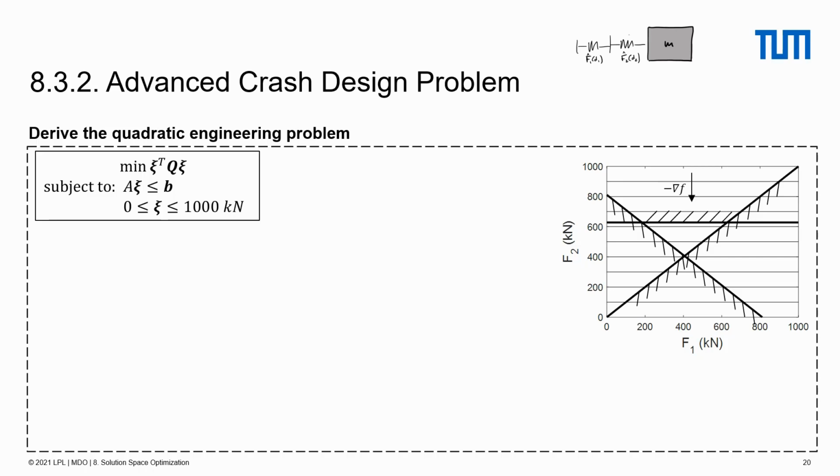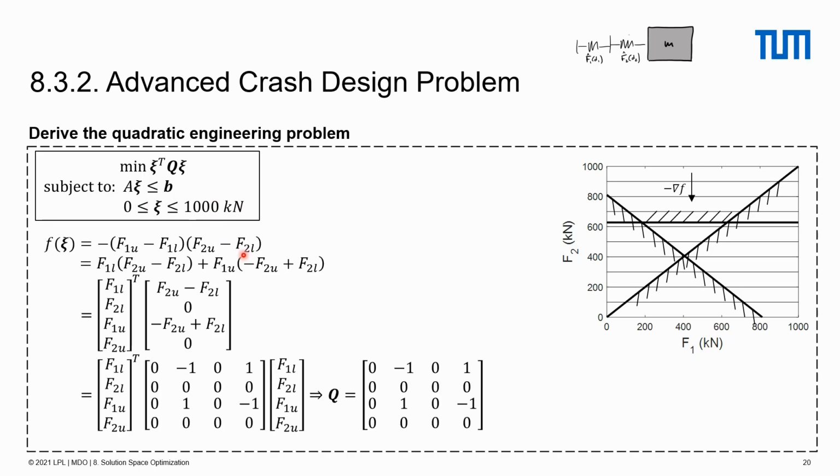The next task derives a quadratic engineering problem in the form of minimize C transpose times Q times C subject to A times C less equal B and C in the design space. Now start with Q. We need to rewrite our objective function in this form.